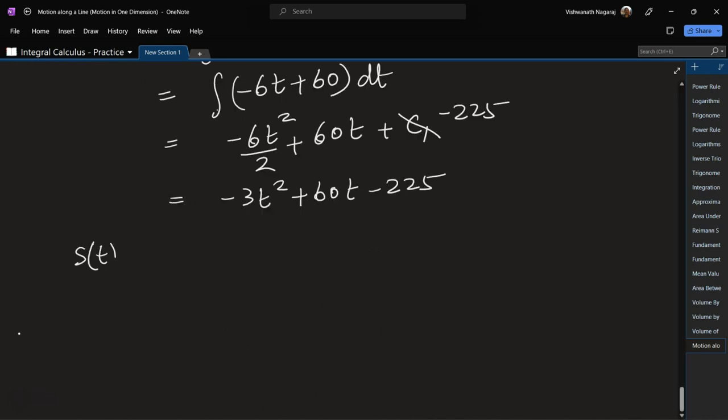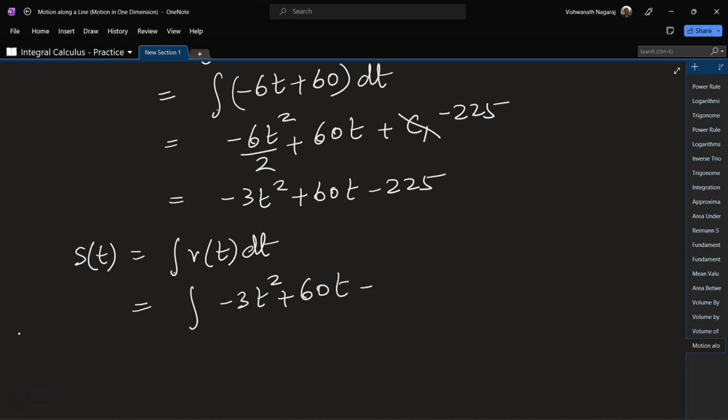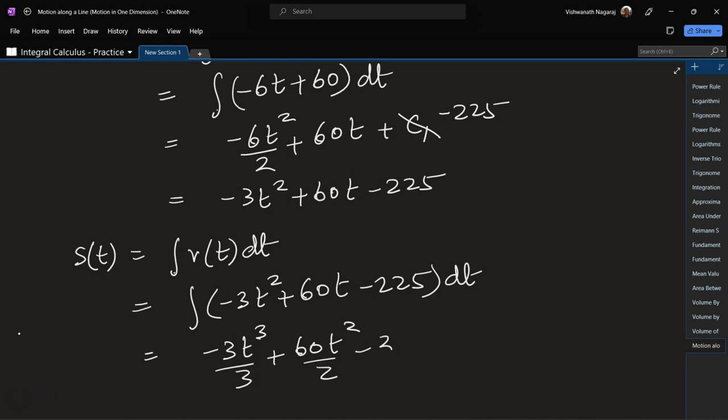Now S of t is equal to the integral of V of t dt, which is equal to the integral of minus 3t square plus 60t minus 225 dt. This gives us minus 3t cube by 3 plus 60t square by 2 minus 225t plus C2.